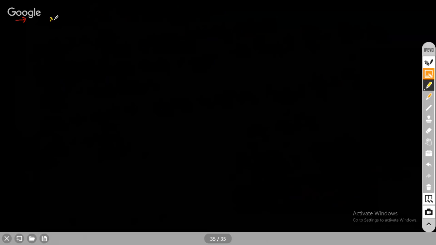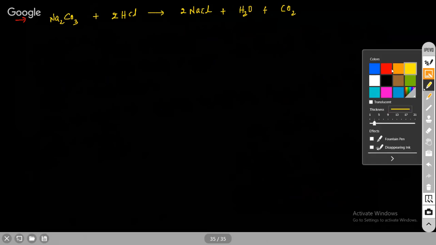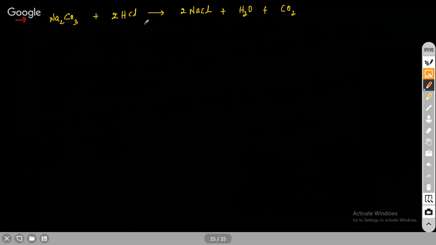Now, another example you see. Suppose a reaction I write Na2CO3 plus HCl gives 2NaCl plus H2O plus CO2. It will be 2HCl here also. So we know the N factor of HCl is 1.